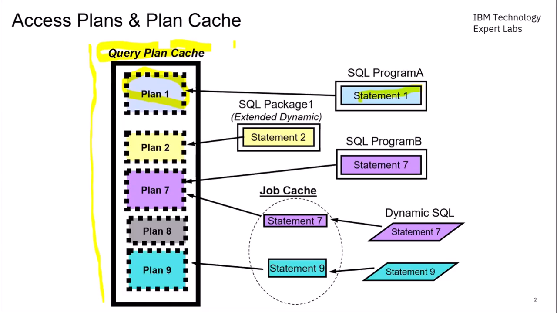And really, the variety of SQL statements being run will determine how big your plan cache size is, right? So if you have a system, maybe you're running an ERP application that's running SQL, well, then on that system it's really the same SQL statements probably being run over and over again by the end users.